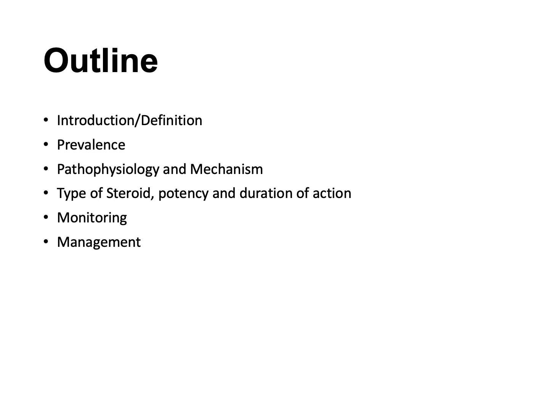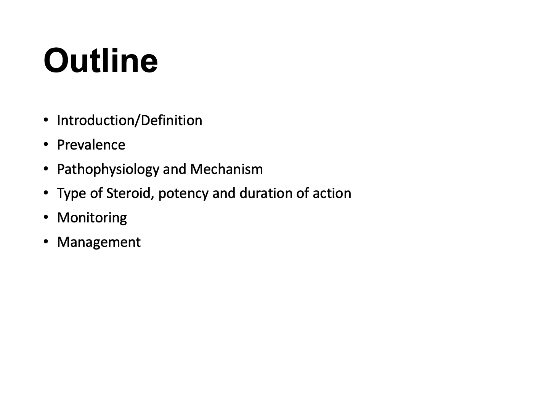As an introduction, I'm going to define what steroids can do to the blood glucose of our patients, both with diabetes and without diabetes. Next we'll go to the prevalence. How often do we use steroids in clinical practice, and how often do they develop hyperglycemia?